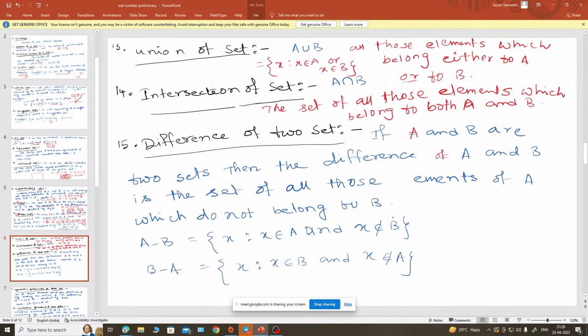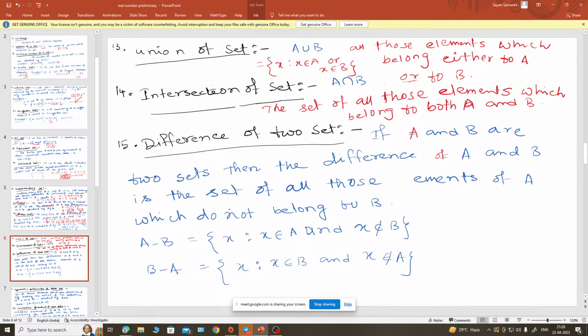So if A and B are two sets, then the difference of A and B is the set of all those elements of A which do not belong to B.